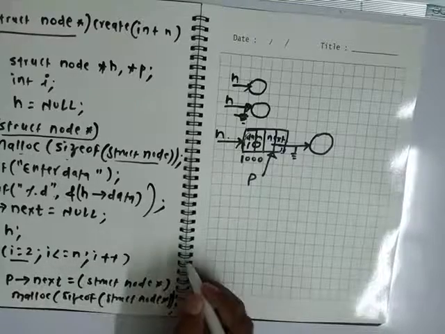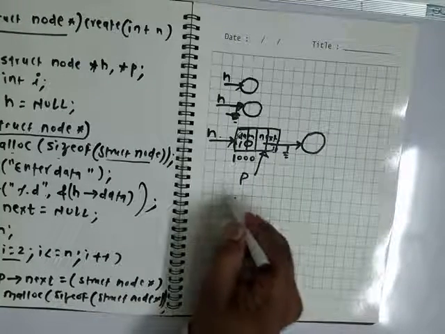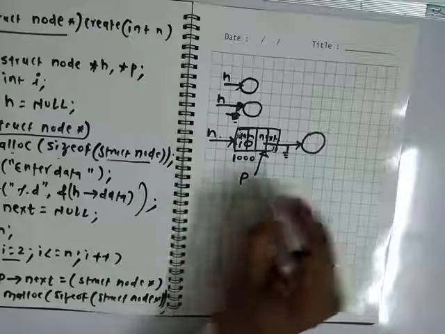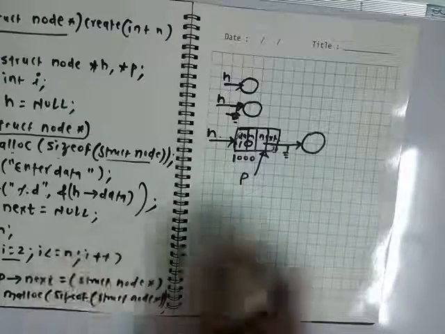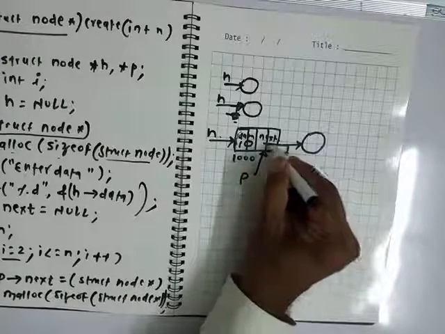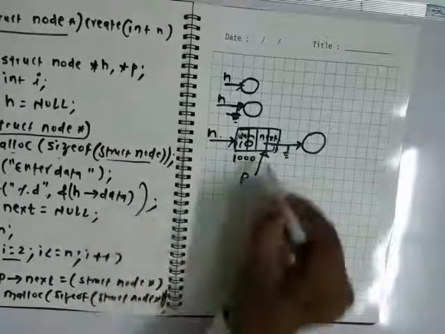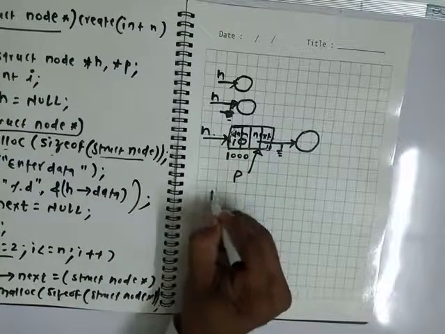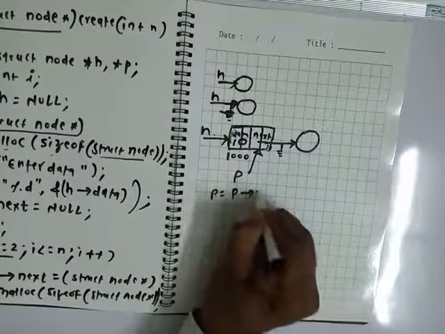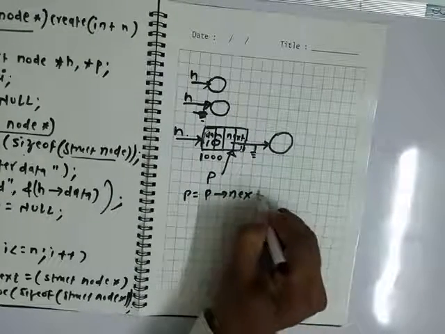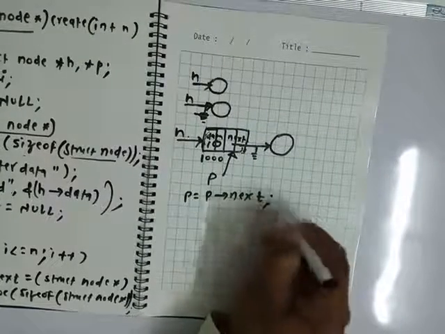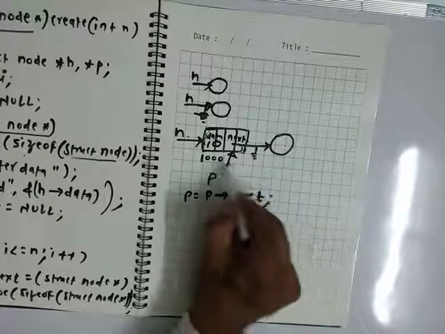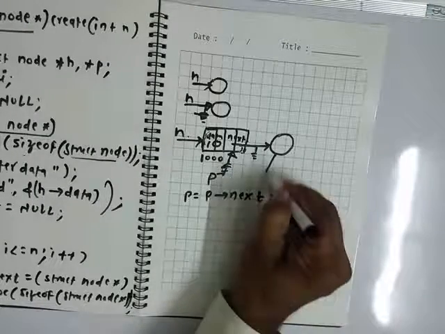That will work, no problem. So let me continue here now. As we have created a new node, and that new node is being pointed to by p arrow next, now let me move p here. So I'll do p equal to p arrow next, right? So now p, which was pointing here, will move to the new node.